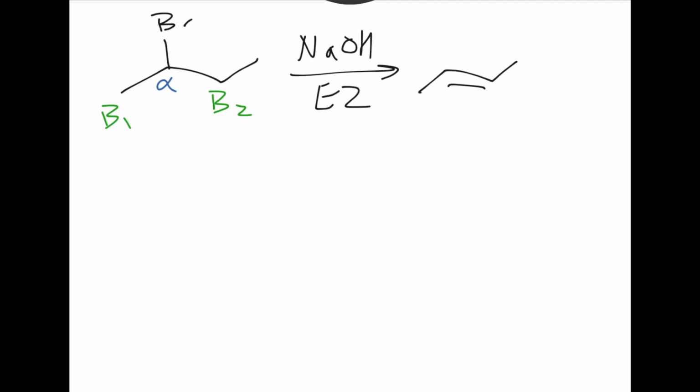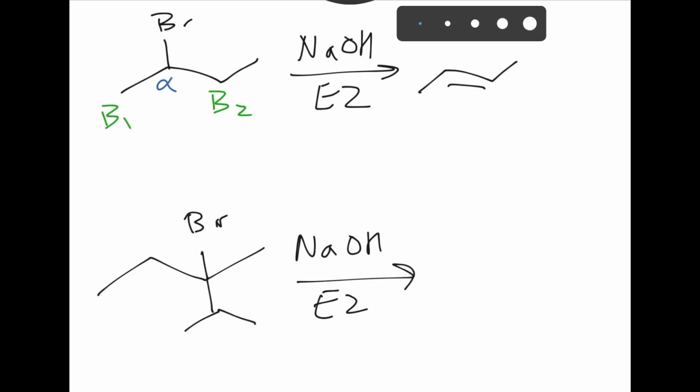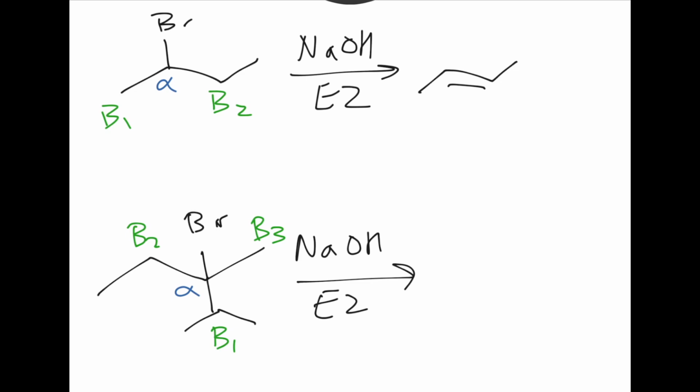All right, if you have more beta carbons, that's fine. We're going to do the same thing. We're going to find your alpha carbon, then all of your beta carbons. So where are we going to make our double bond to? Beta 1. Beta 1 has 1 hydrogen. Beta 2 has 2. Beta 3 has 3. So we're going to make our double bond towards beta 1.